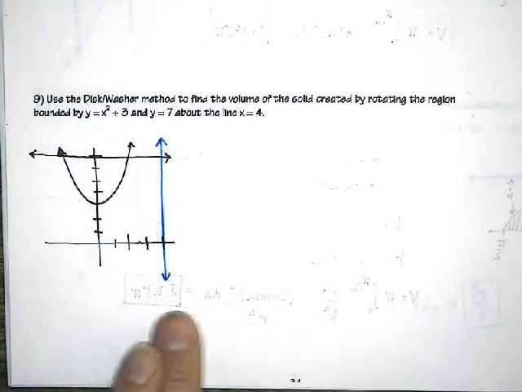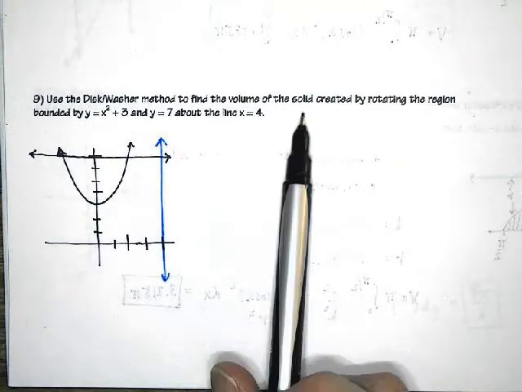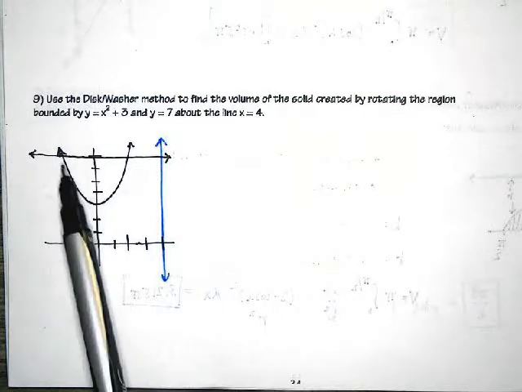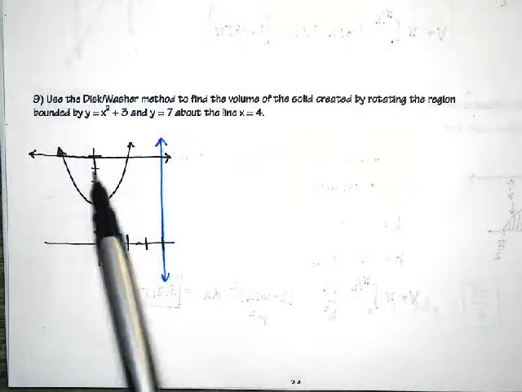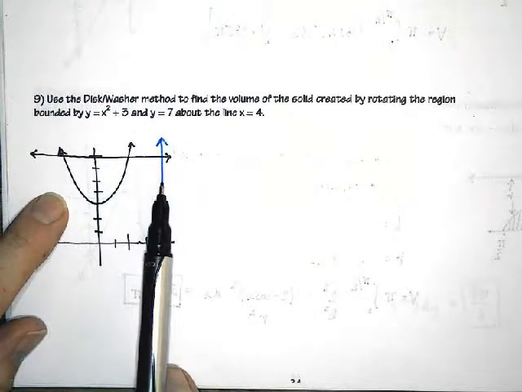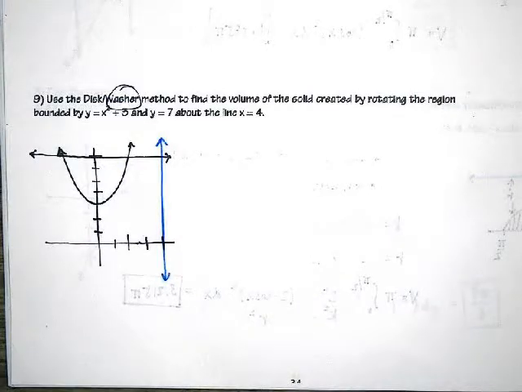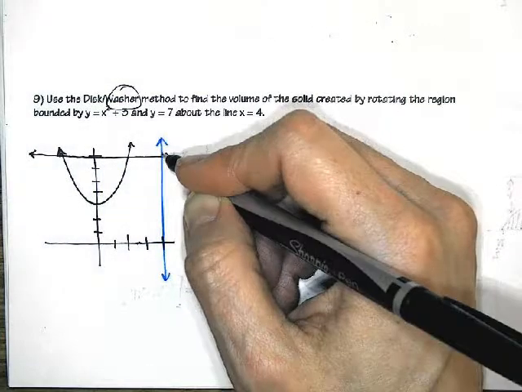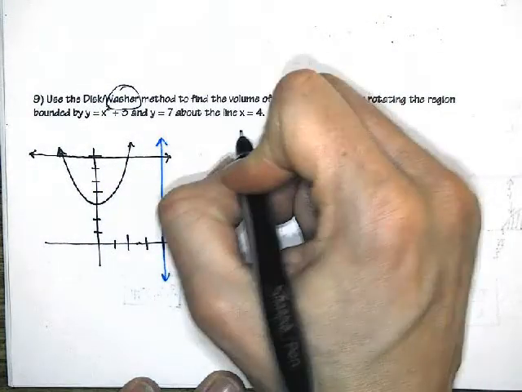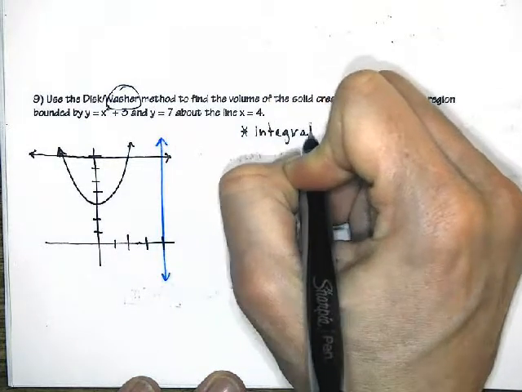Okay. So now, a couple things we have to figure out. Our region, created by rotating the region bounded by x squared plus 3 and y equals 7, there is obviously between this region and this line some negative space. So we know this is going to be washers. Also, since this line is parallel to the y-axis, we're going to be integrating with respect to y.